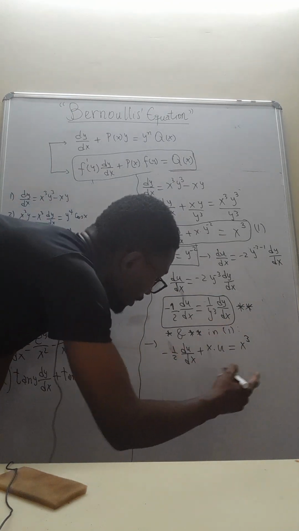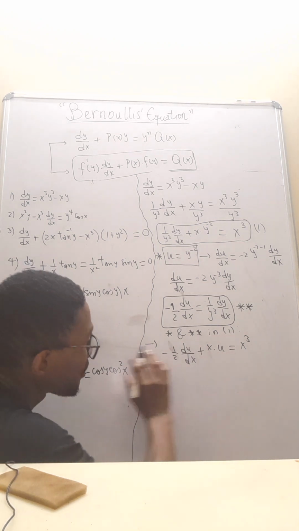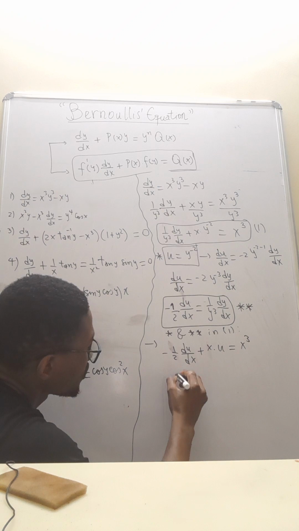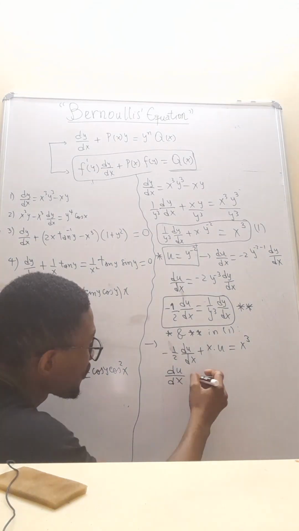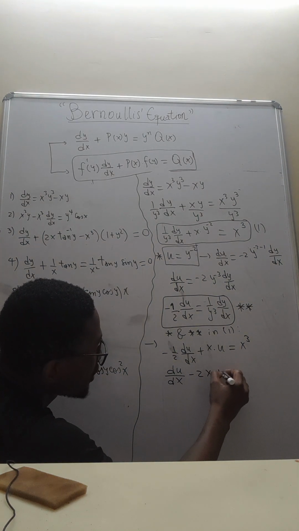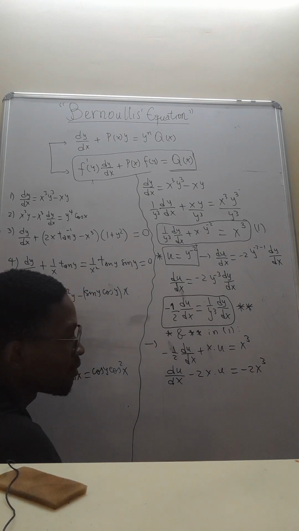Now from here it's very easy. Just multiply everything by minus 2, and you are going to have du/dx minus 2x times u equal to minus 2x cubed.